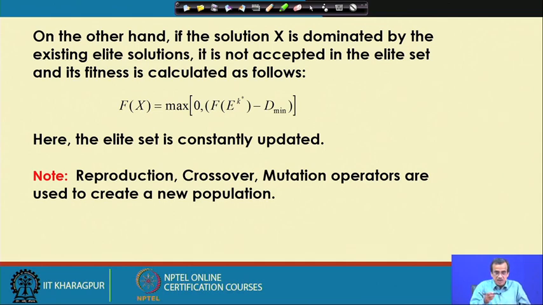This iteration will go on and on, and there is a possibility that the size of the N1 subpopulation is going to decrease, as I mentioned, and consequently the size of N2, which contains the non-dominated solutions, is going to increase.